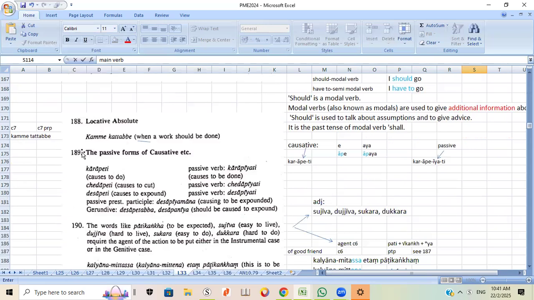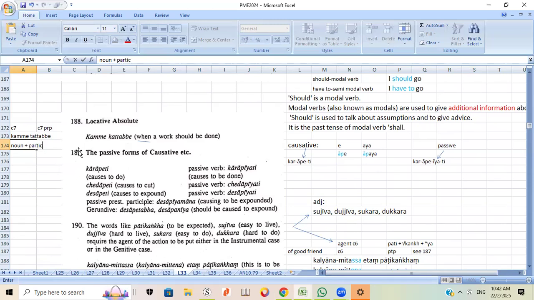So the next one, we talk about locative absolute. The rule for locative absolute is both of them are in the locative, but one of them has to be a noun and the other one must be a participle.